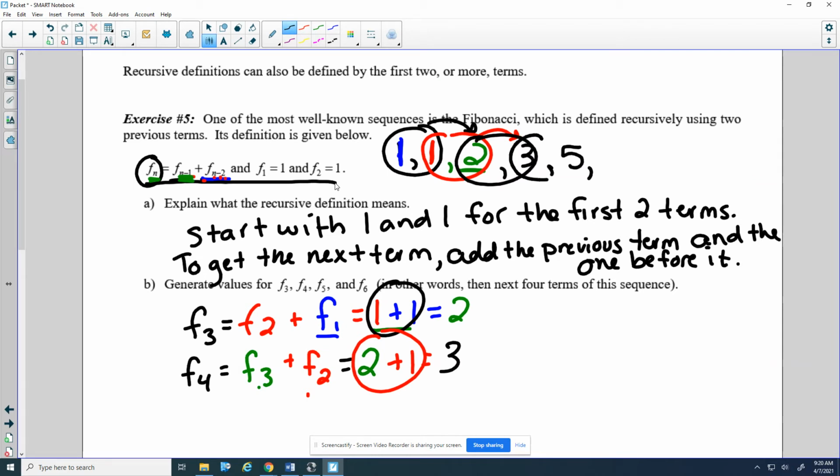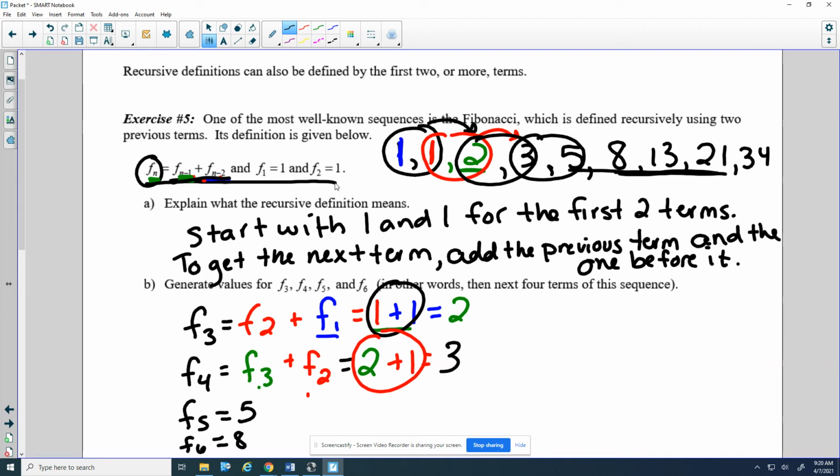And I'm going to add together the 3 and 5, the last two terms, to get 8. You could continue writing down the formula, but we can pretty easily, just by following the pattern, tell that F of 5 is 5, and F of 6 is 8, and the next one, if we kept going, would be 13, and then 21, and then 34, and so on.